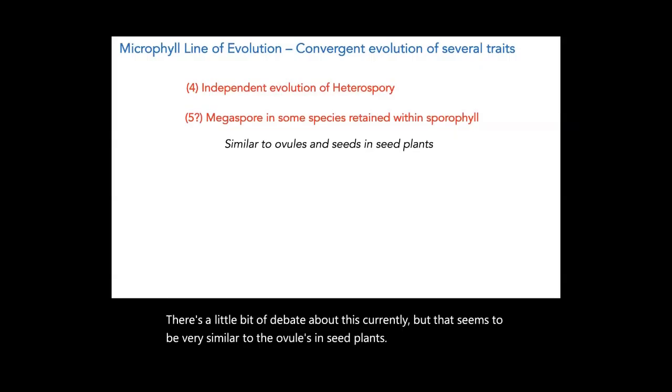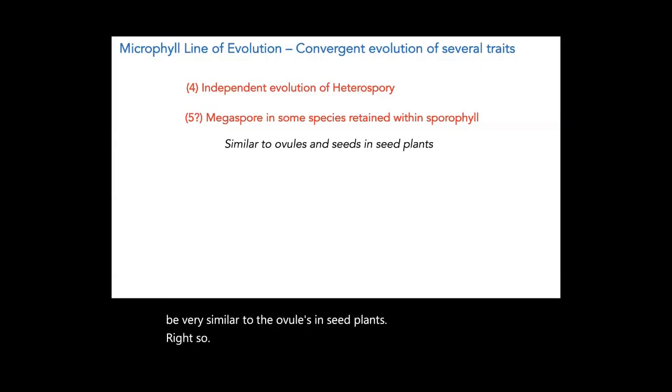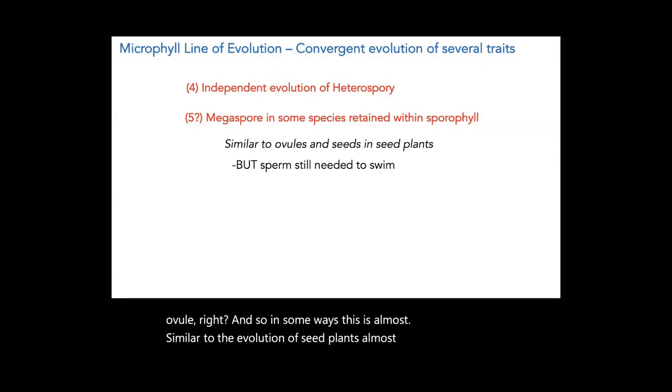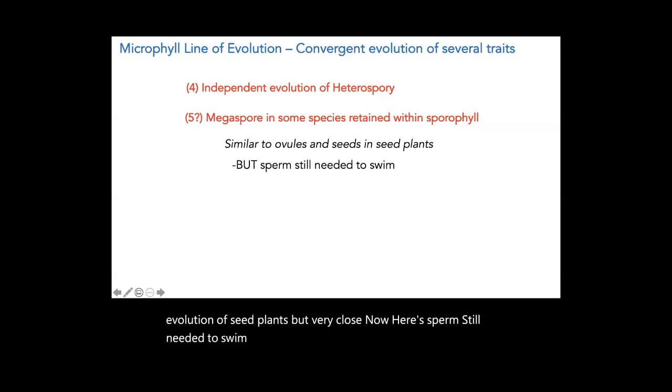So they're not true ovules, but it was kind of ovule-like, right? And so in some ways, this is almost similar to the evolution of seed plants, almost convergent evolution of seed plants, but very close. Now here, the sperm still needed to swim. Okay, there's still the tight restriction to growing in really wet areas.